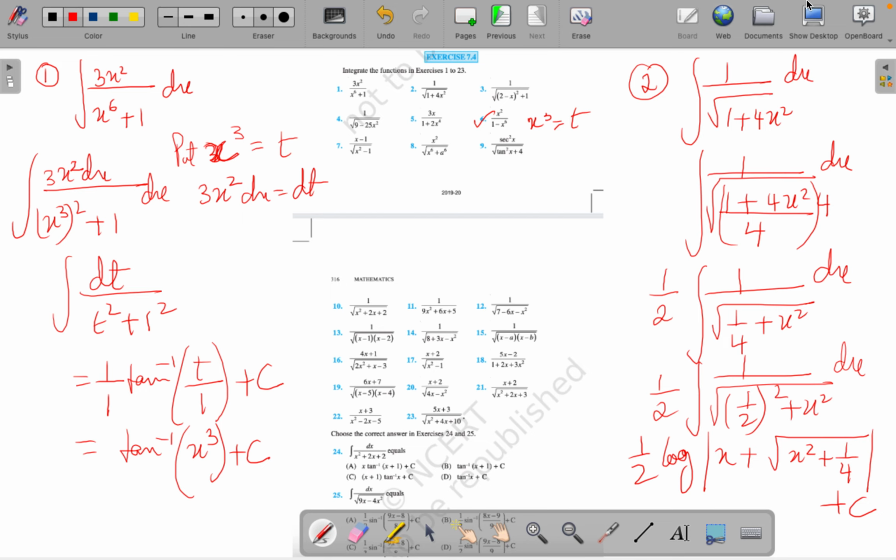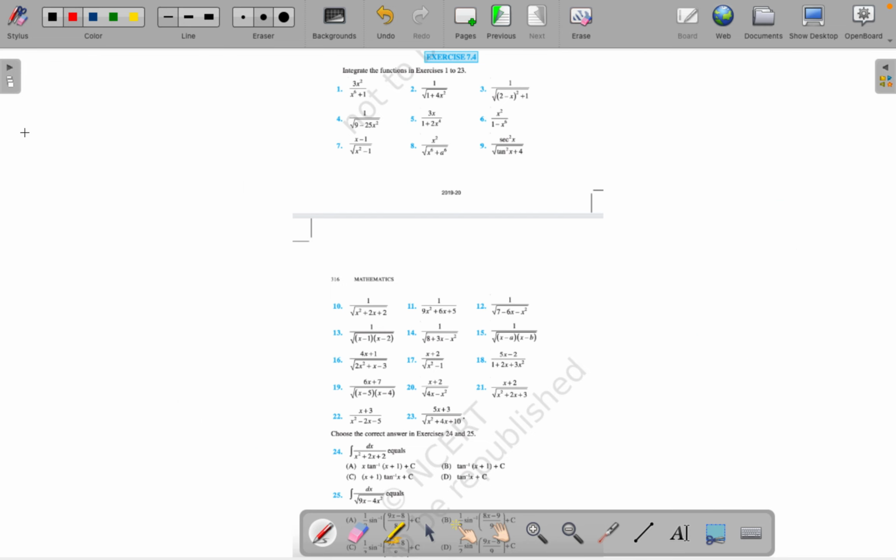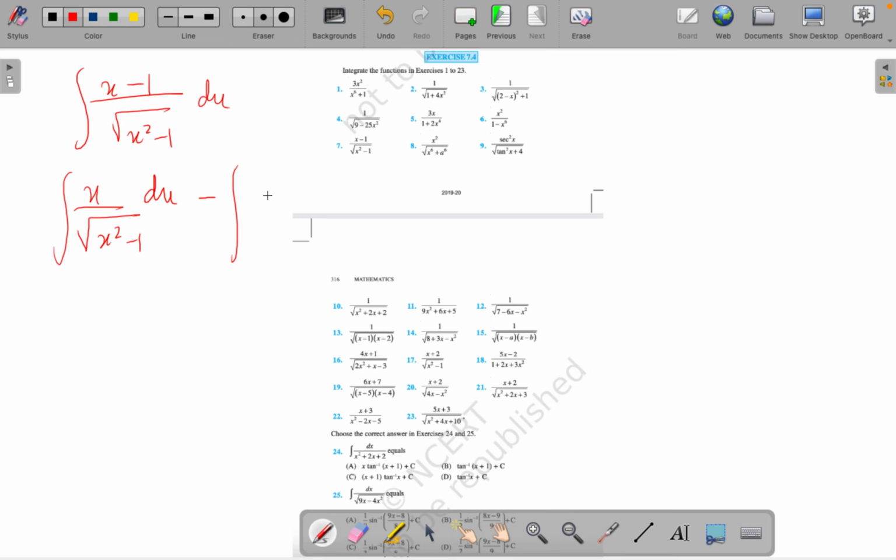In question number 7, children, just a small hint. X minus 1 upon under root of x square minus 1 dx. Just separate out, children. Again, I have told you this in the first video. Separate out the terms whenever you think the integration is not going to become possible. So here you will use the normal formula I have just told you, 1 upon under root of x square minus a square.